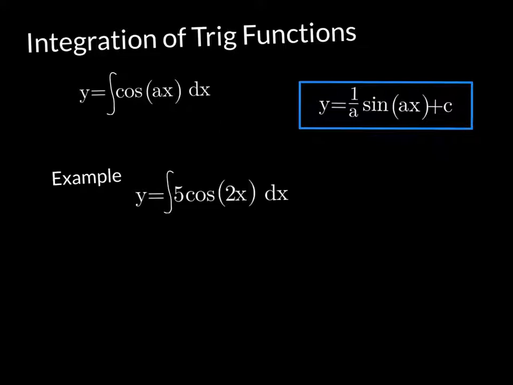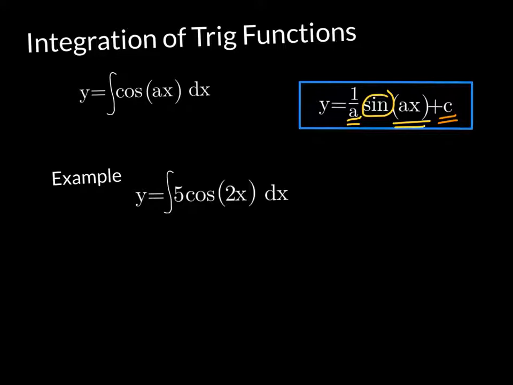As was the case for the previous integration of sine function, the a comes out the front but now as a divider instead of a multiplier. And the cosine function now goes to a positive sine function. Okay? And again, the thing in the bracket just stays exactly the same. And we have our constant of integration.